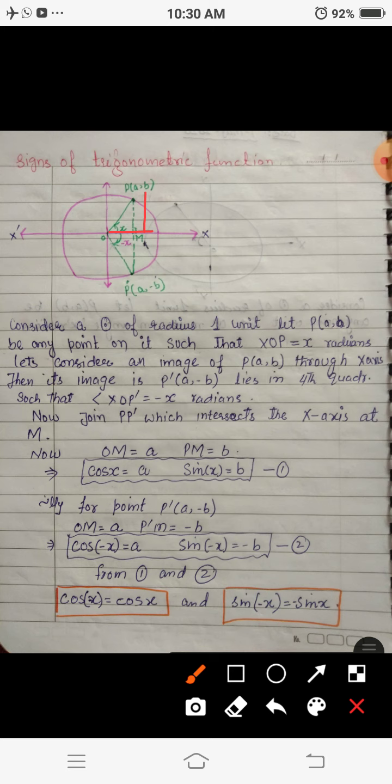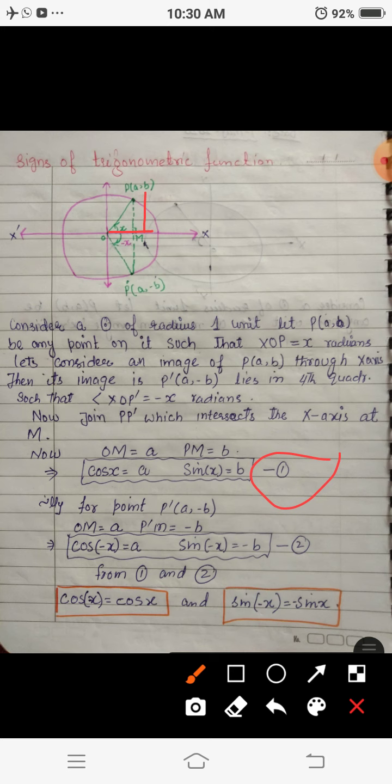But we know that OM is simply the polar coordinate. In terms of polar coordinates, it equals cos x, because x is the angle for this point, so cos x equals a and sin x equals b.